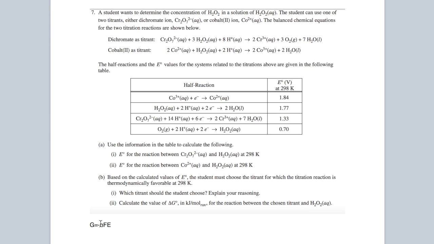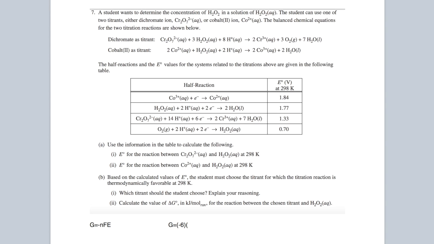First we have to look at n, the number of moles of electrons. We have 6 electrons here, and we need to flip this half reaction and multiply by 3. So the number of moles, based on the number of electrons in both half reactions, will be 6.